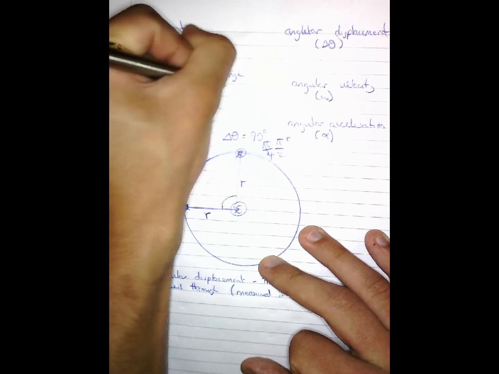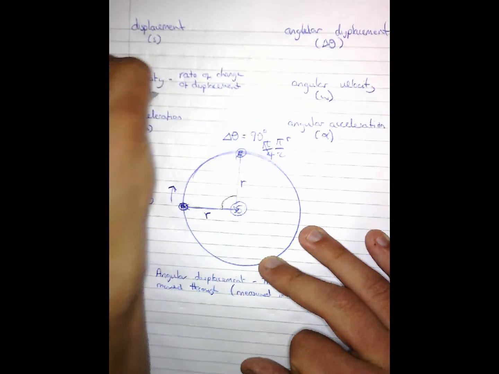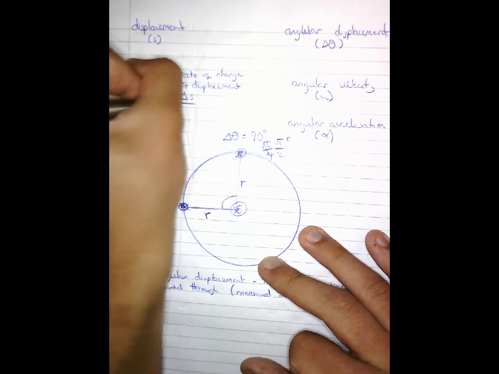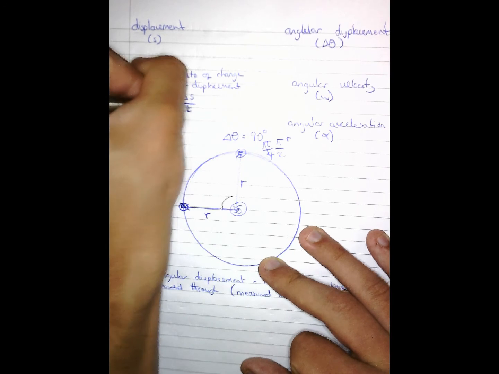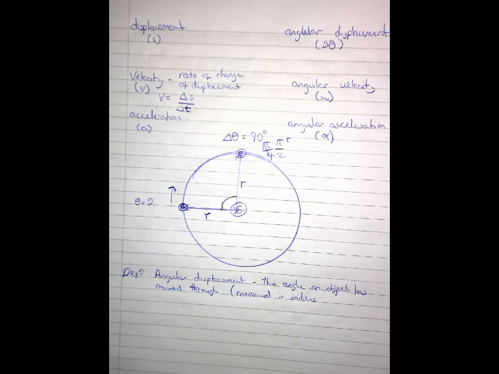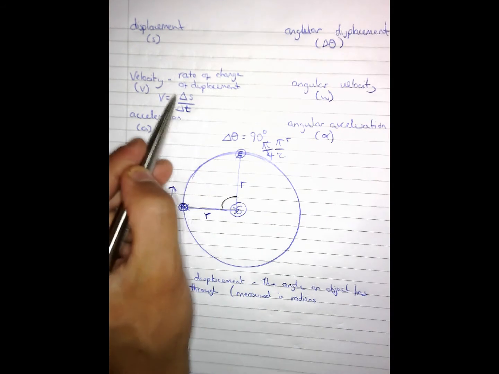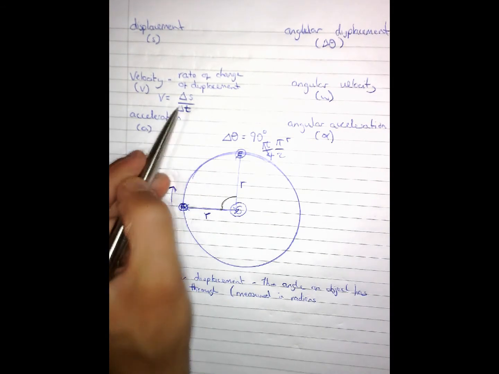And remember, in the formula, that's written as v equals delta s over delta t. If you love doing differentiation in maths, you'll be familiar with writing it as ds/dt. But we've got here that velocity is change in displacement over the change in time.